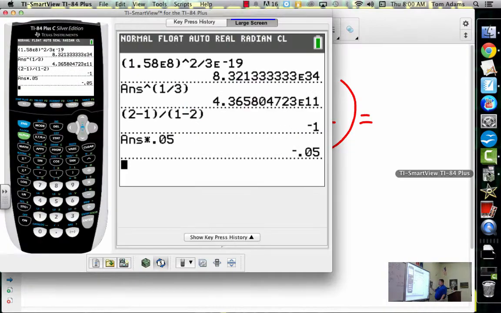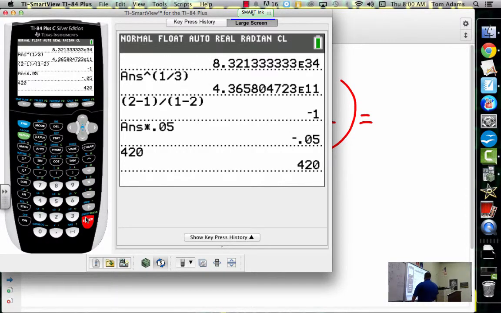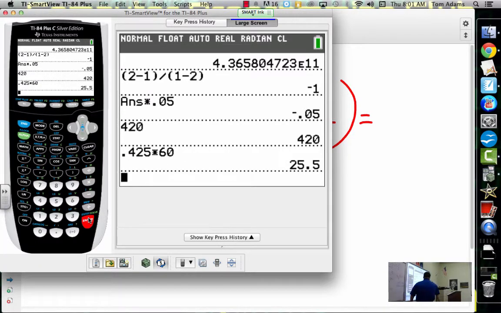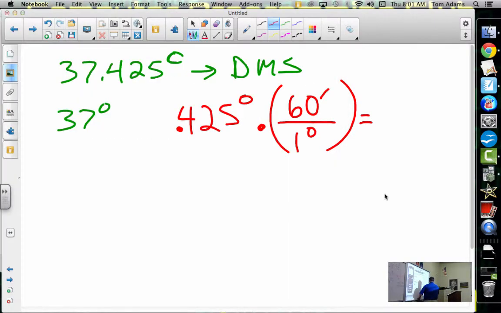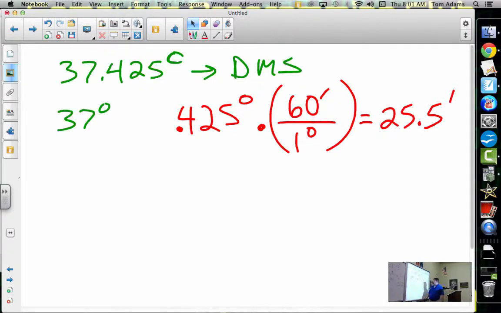In other words, if I just take my calculator and multiply 0.425 times 60, I get 25.5. So this becomes 25.5 minutes, because technically the degrees cancel.